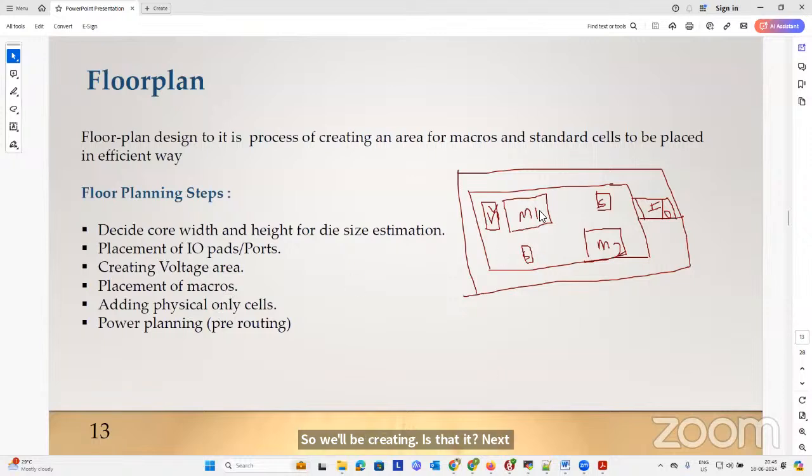Next is placing macros. Adding physical only cells. Physical only cells are like black boxes that we need to paste blindly in our design. Their logic is written, but we don't understand what their logic is. We directly have their connectivity and have to directly connect it. Next is power planning. Based on the available spaces, we will be doing power planning, VDD and ground connections.